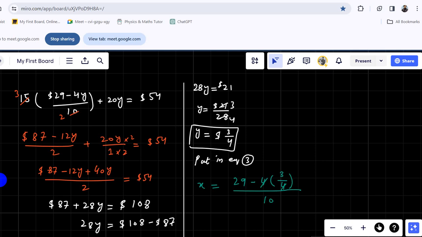The 4 times 3 upon 4 is 3, and it will be 26 upon 10, since 29 minus 3 is 26, and it will be 2.6. Can you please tell me what 3 upon 4 is? I think it should be 0.75. Can you please check whether these values are correct or not?